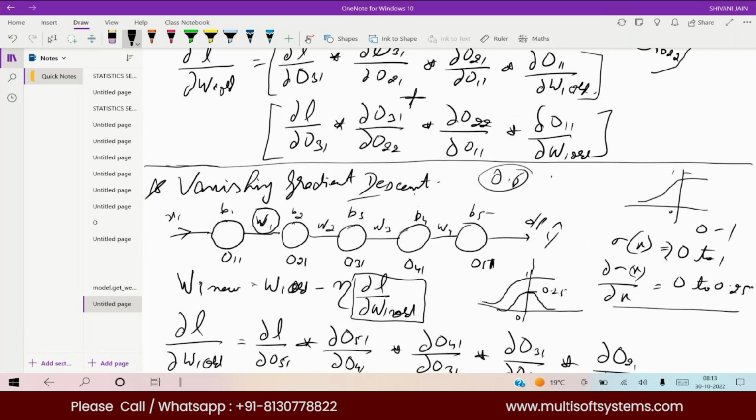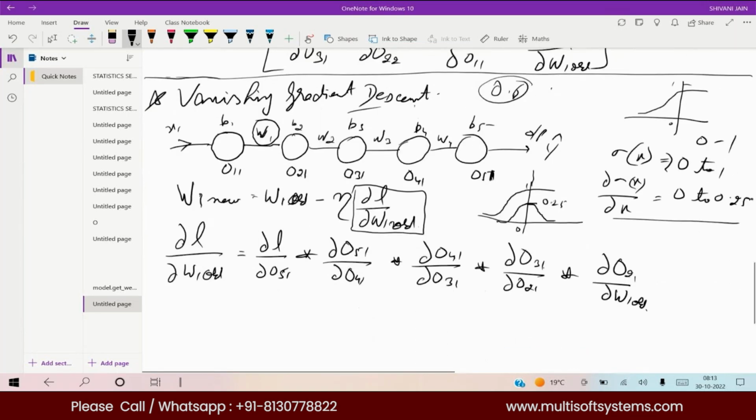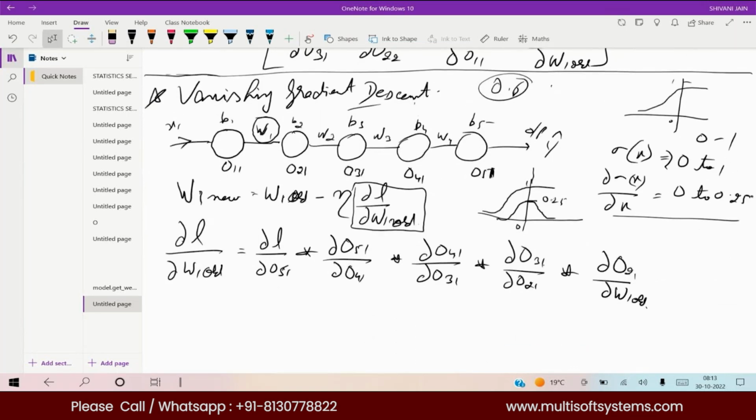Are you getting why we are doing the derivative of the sigmoid function? Because we are going back. Now in this case also, we'll have values between 0 to 0.25. Let's suppose here we are getting 0.25 as the maximum value. In this, we are getting 0.20. In this, we are getting 0.22. In this, we are getting 0.15. In this, we are getting 0.10.